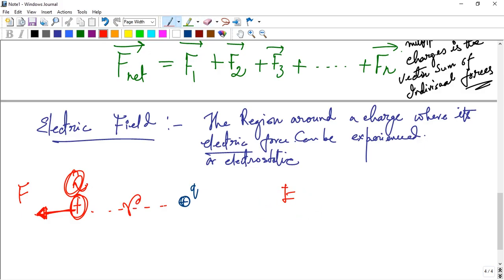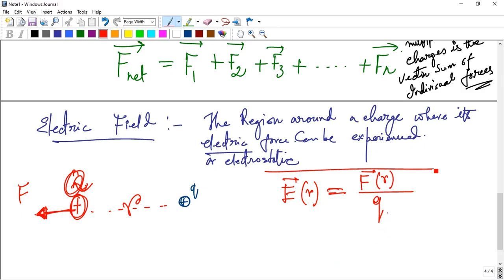The electric field as a function of r is equal to the electrostatic force F of r divided by the test charge q. This electric field is a vector field, so the vector sign is very important.